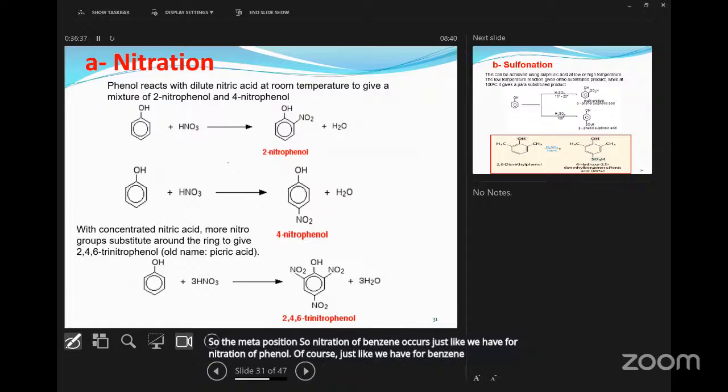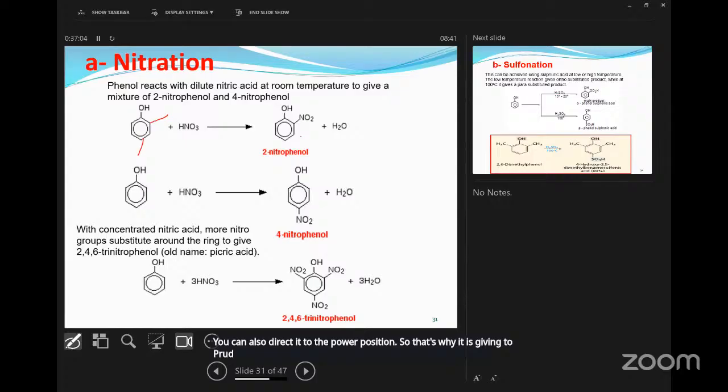You know that in nitration of phenol, the reaction occurs with dilute nitric acid, HNO3, at room temperature to give a mixture of 2-nitrophenol and 4-nitrophenol. Like I said, it can direct to the ortho position. It can also direct to the para position. So that's why it is giving two products.